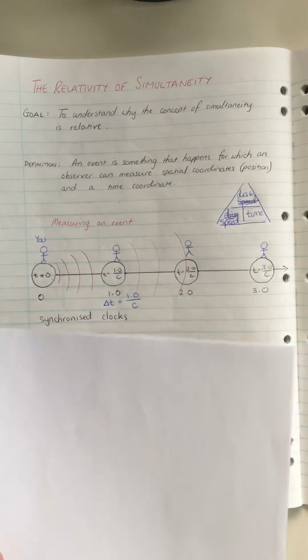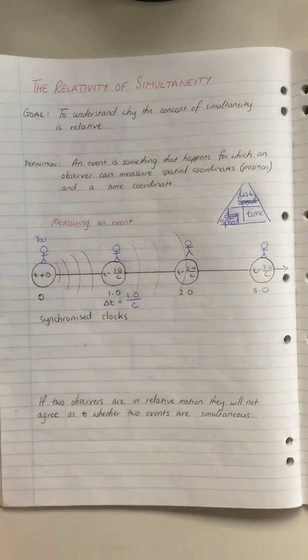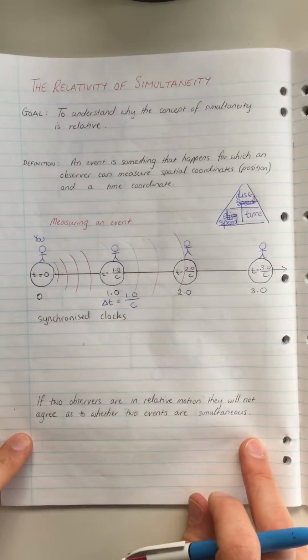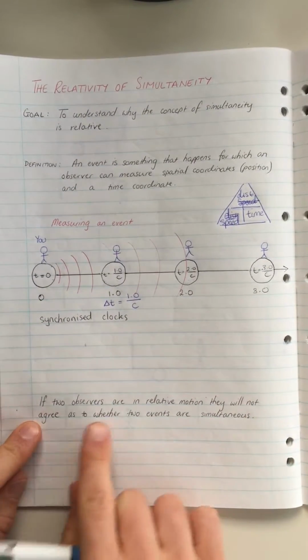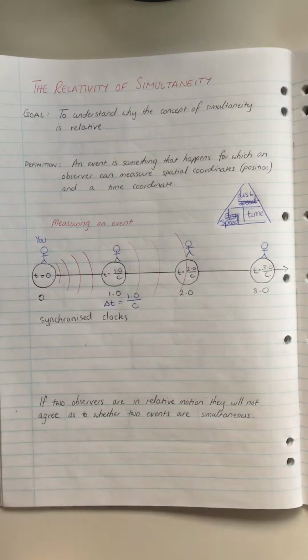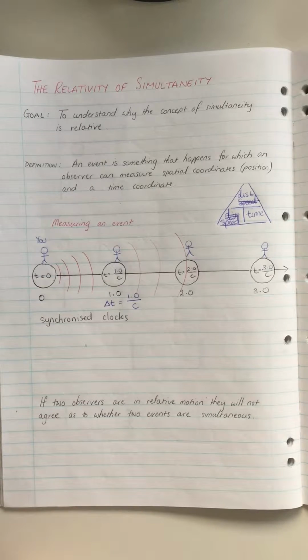So just from the outset, I'm going to make clear what the result of all this is going to be. And that's this. We're going to prove that if two observers are in relative motion, they will not agree as to whether two events are simultaneous. So you might hear a crash occurring in some position, and then at the same time some lovely music occurring at another point.